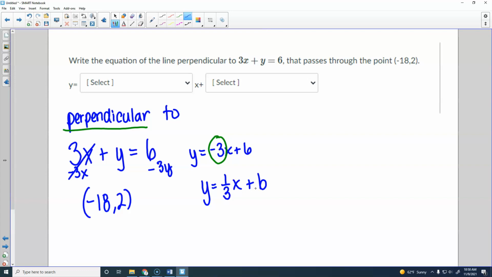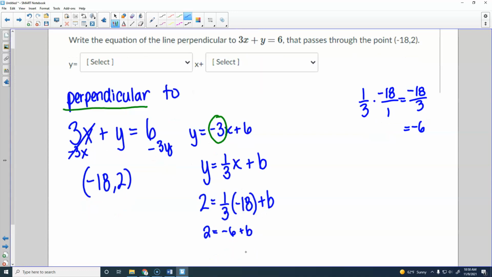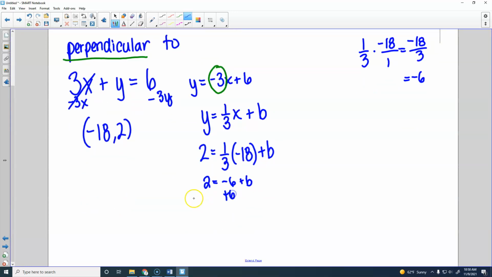We're going to plug in our numbers here, so we'll have 2 equals 1/3 times negative 18 plus b. 1/3 times negative 18 is negative 18 over 3, which is negative 6. So 2 equals negative 6 plus b, and then we would add the 6, so 8 is our b. So y equals 1/3 x plus 8 is the correct answer there.